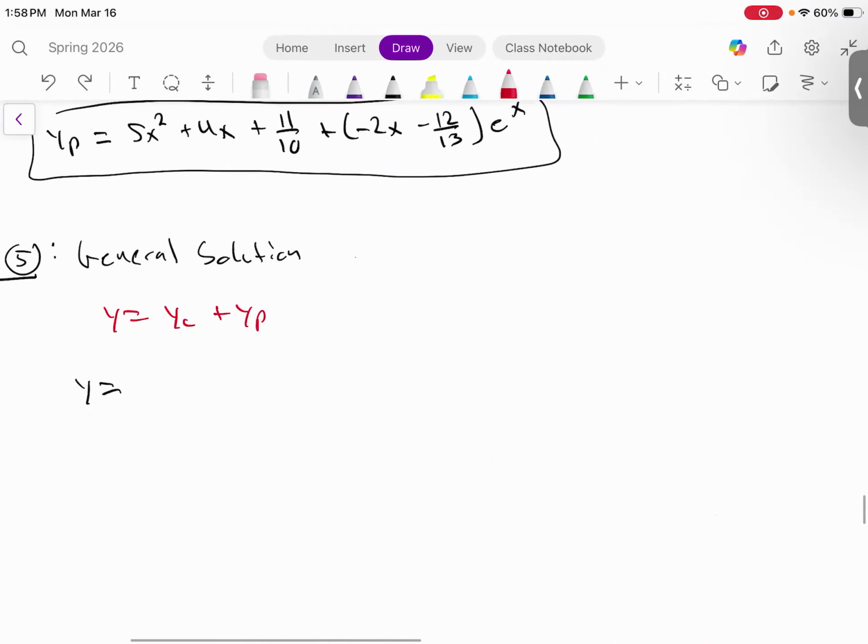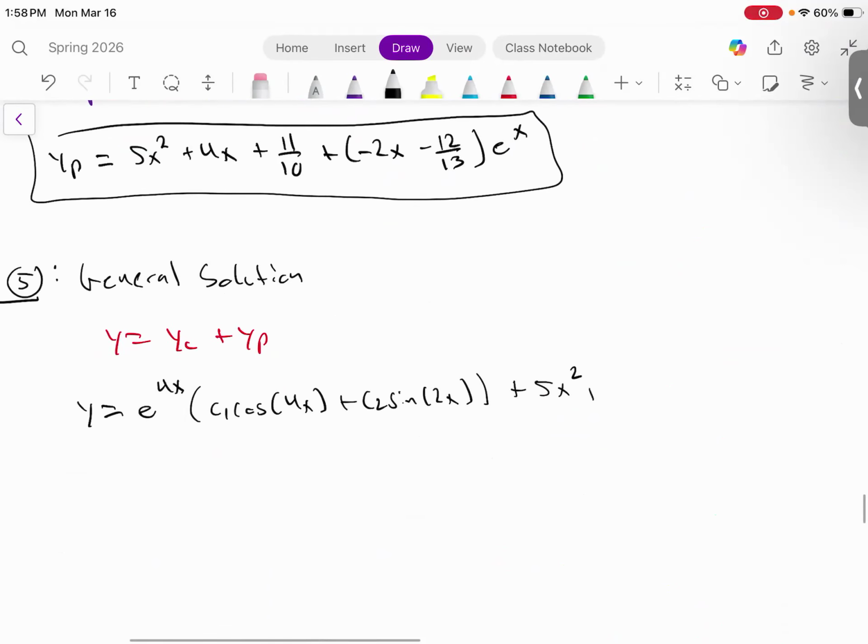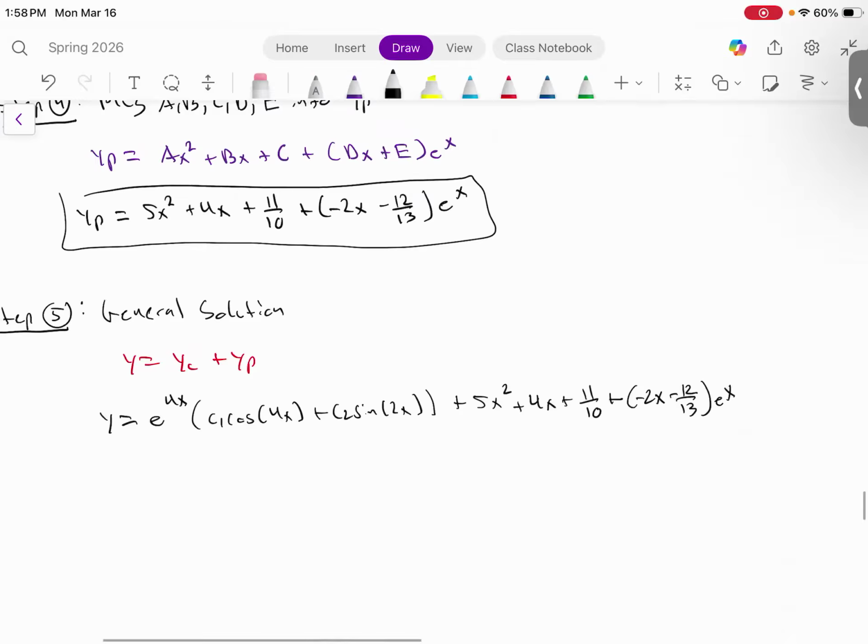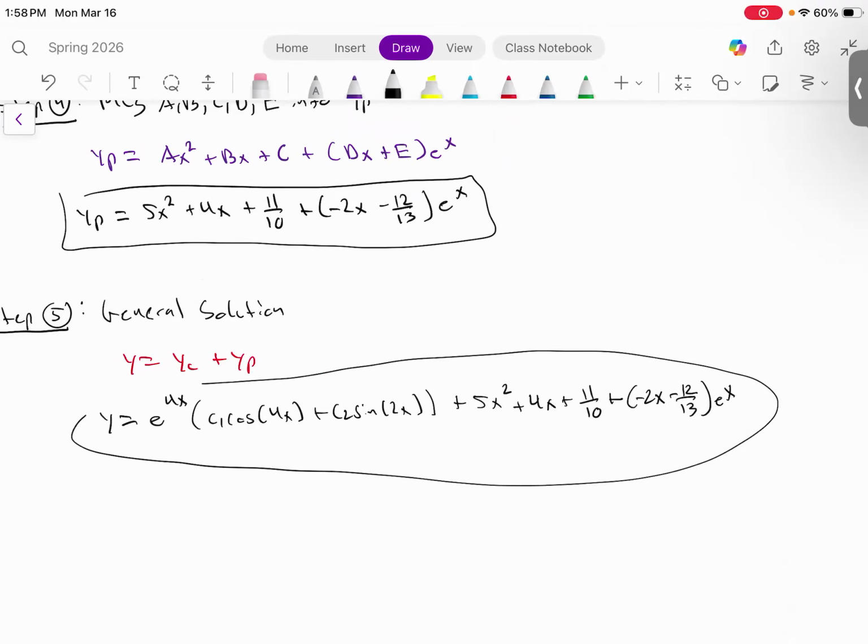So let's take that and rewrite it down here. e to the 4x times C1 cosine of 4x plus C2 sine of 2x, plus my particular, 5x squared plus 4x plus 11 over 10 plus negative 2x minus 12 over 13 e to the x. And that's my very long solution.